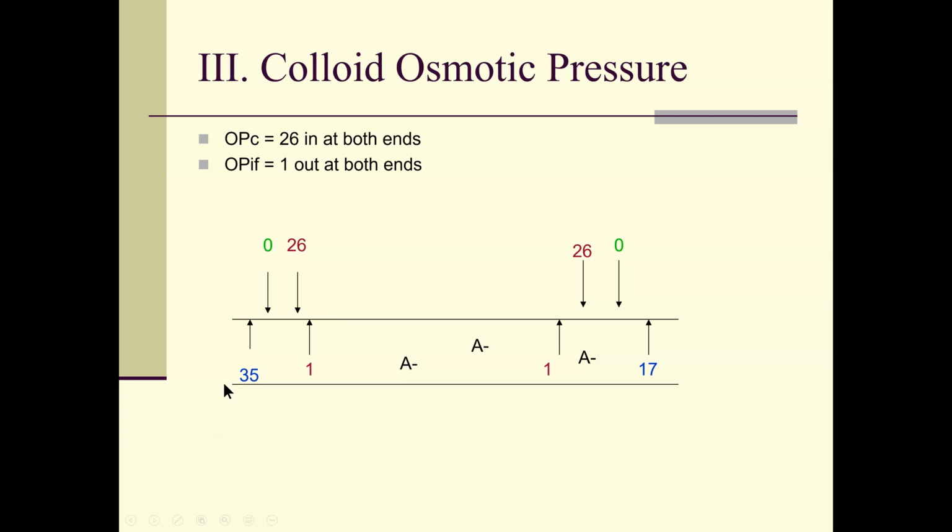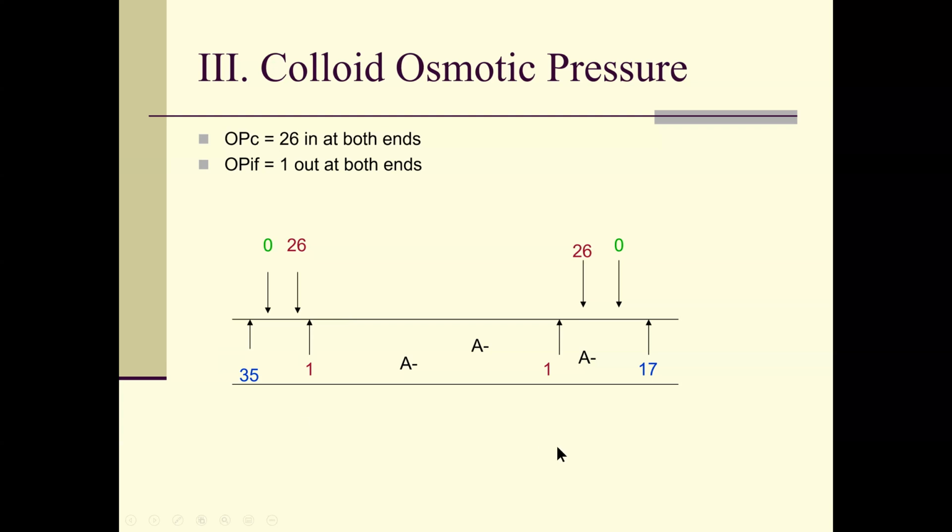On the arterial side, we have a net filtration pressure of 35 out. We have a colloidal osmotic pressure of the interstitial fluid of 1 out. We have a colloidal osmotic pressure of the capillaries of 26 in at the arterial end.